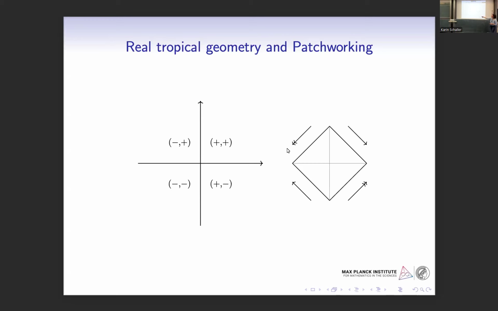So we take one triangle, which represents our tropical plane, and we add 3 more copies, and each copy remembers where the signs of my x and y were coming from. Then we identify like this, as the arrows show in the picture, and you should maybe have seen this picture before in a topology class. This is your real projective plane. But for us, this is the real tropical plane.